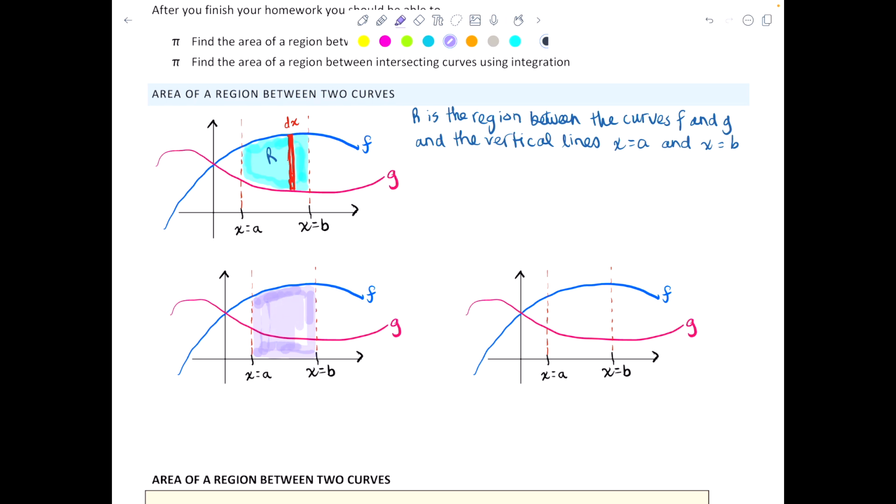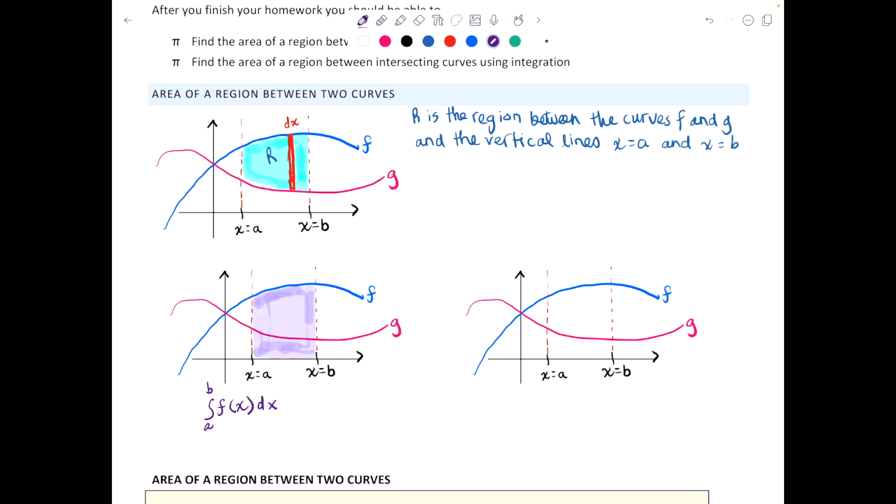Notice that f is non-negative on the interval from a to b, and then also bound by x equals a to x equals b and the x-axis. And so this would end up being the integral from a to b of f at x dx, right? That whole purple region.